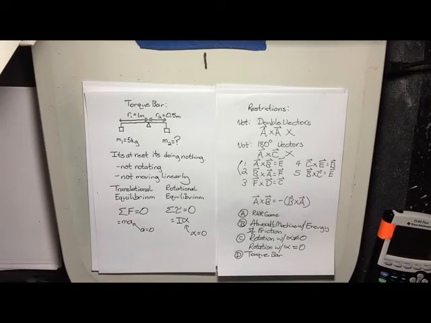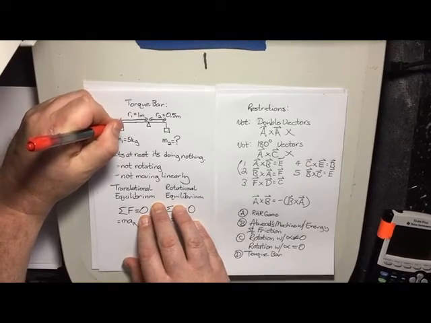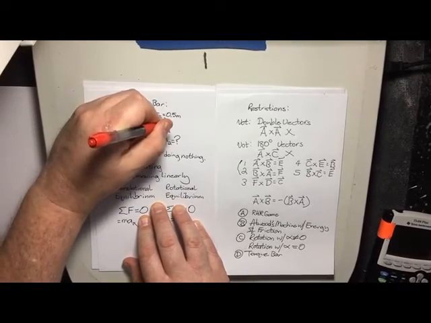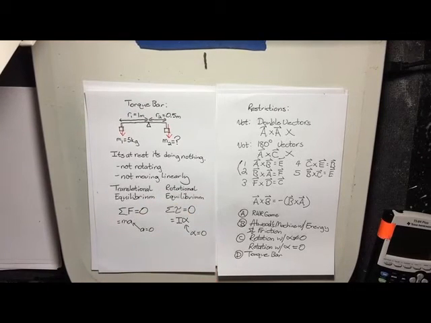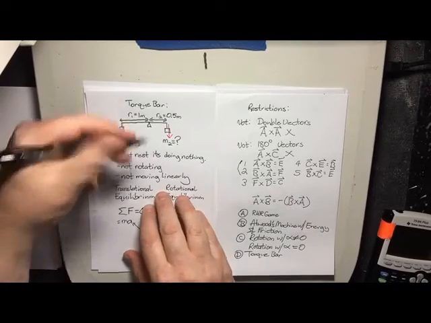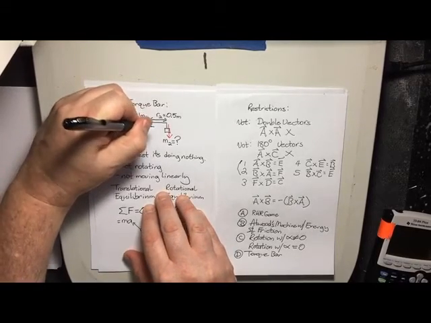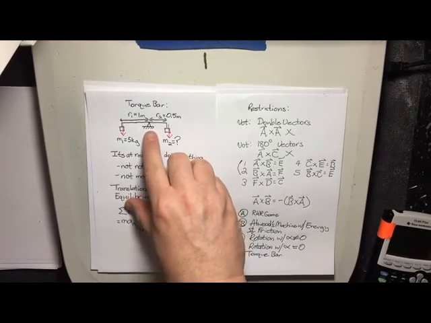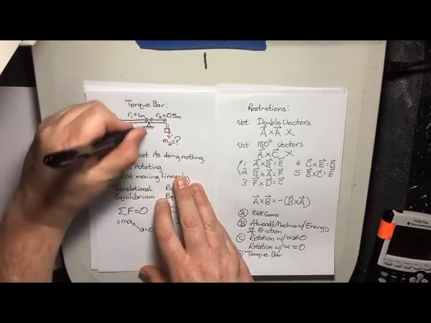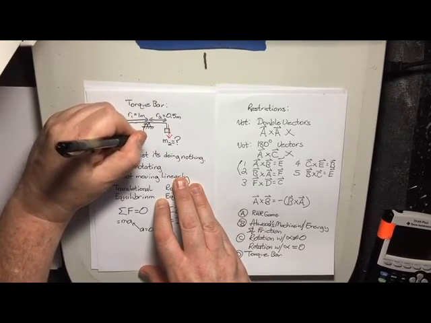Now, to label all our vertical forces, which I'll do in red, the two masses are pulling downward. If there were no other forces, this torque bar would just fall downward or down the page. But there's another force acting on it. Now, what I've just drawn is the ground beneath the fulcrum.